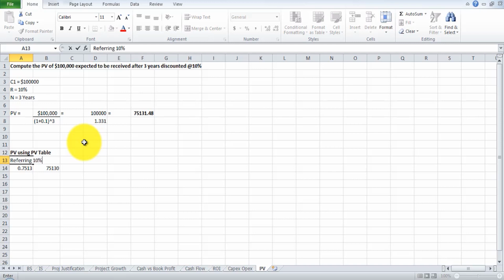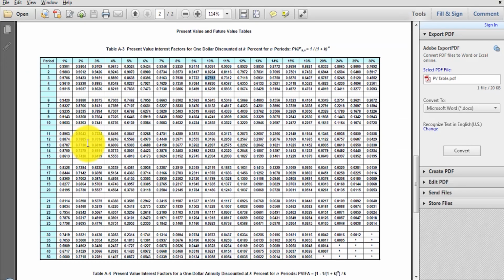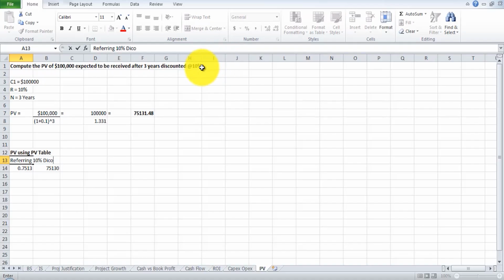Referring to the 10% column, that is this amount over here, referring to the 10% column, discount column for the third year, the present value is 0.7513.